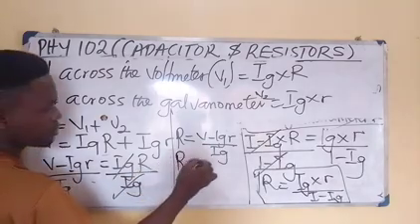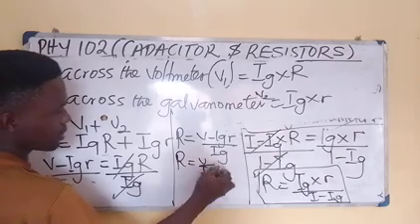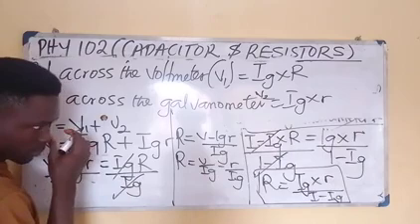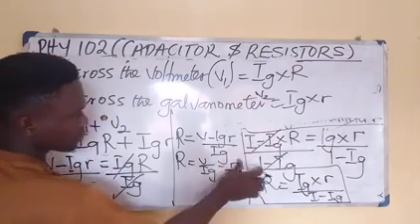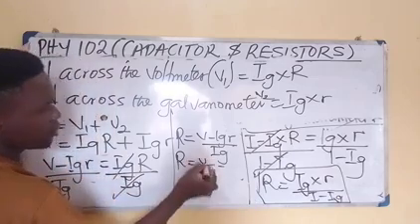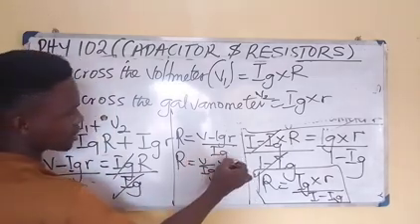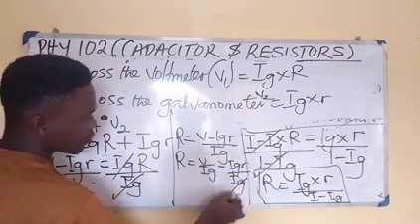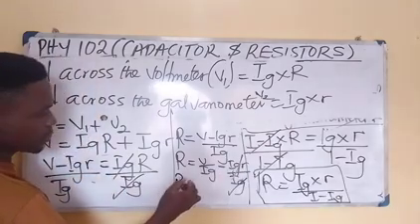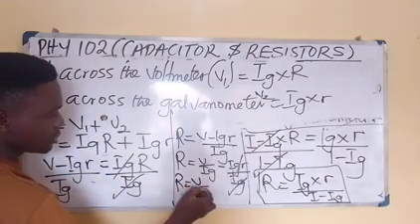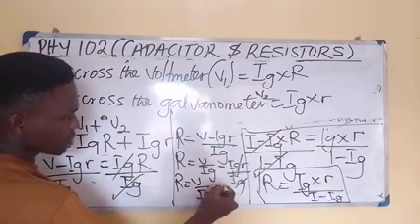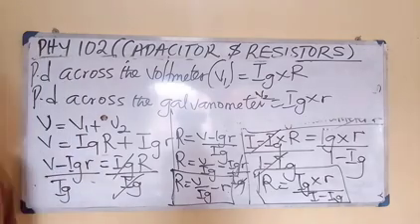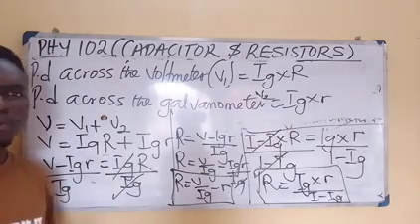I'll do it as R equals V over Ig minus Ig R over Ig. At this one, we cancel out Ig. So R becomes V over Ig minus R. So it's very easy. Do you understand? Very easy.